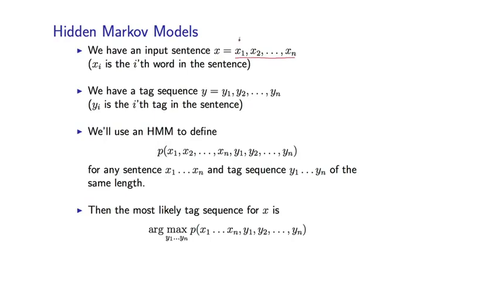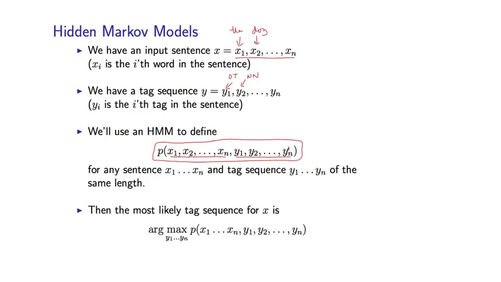Each of these is a word, you know, this could be the, dog, and so on. And I have some tag sequence y1 through yn, so this might be determiner, noun, and so on. And an HMM is going to define a joint distribution over word sequences paired with tag sequences.